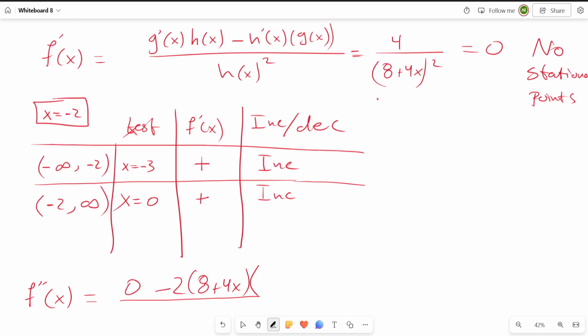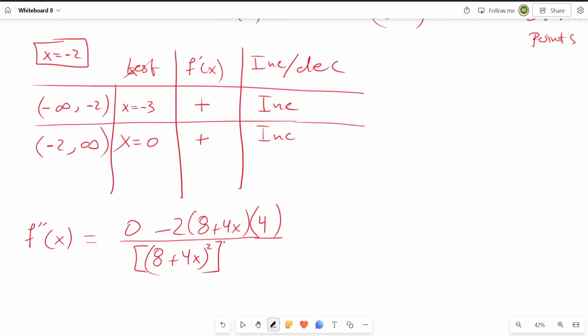So the derivative of 8 plus 4x is basically 4. And then I'll divide by the denominator function squared. So I will divide by 8 plus 4x squared all squared. So this is going to give me -2 times 4, which is basically -8. So this is going to be -8.